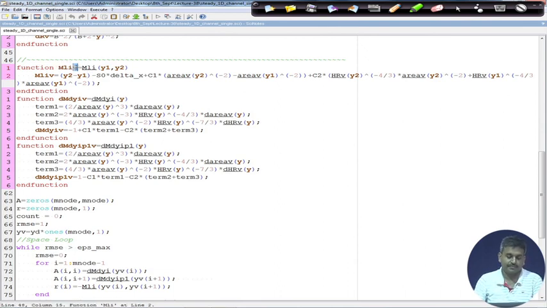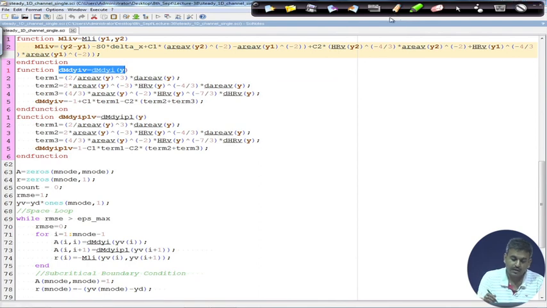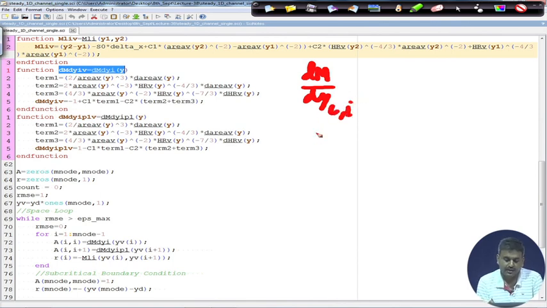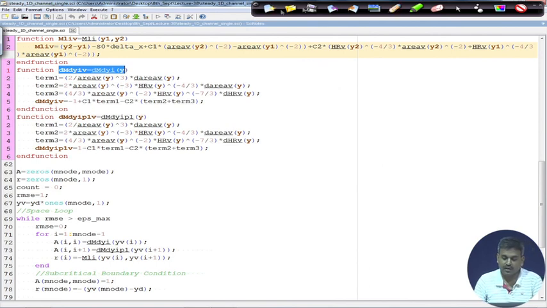For each segment we need to calculate this M Li, this value is required for the right hand side for the solution process, and these two are dM by dy Li and dM by dy Li plus 1. So, these two values are required for our calculation.